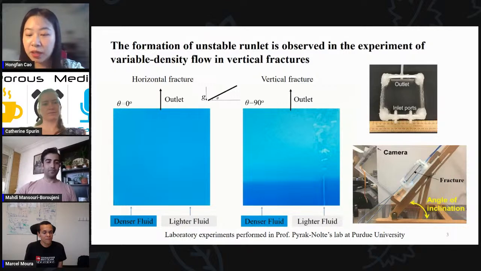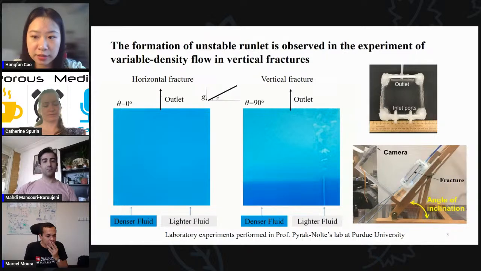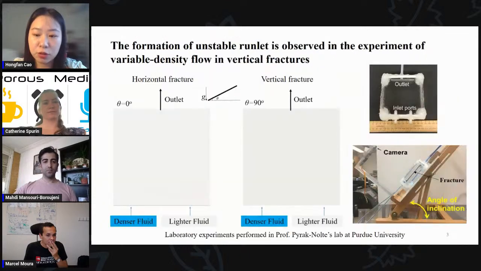Yes. The experiment is not the main project we did. What we focused on was the simulations, but our collaborator did the experiment for a long time, and it reached a kind of steady state after some time, after a few minutes.